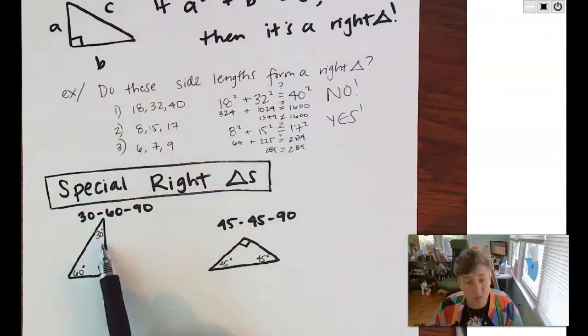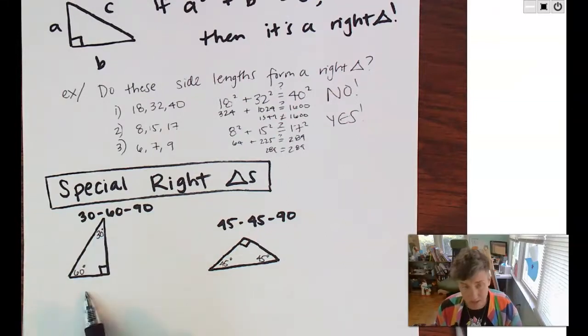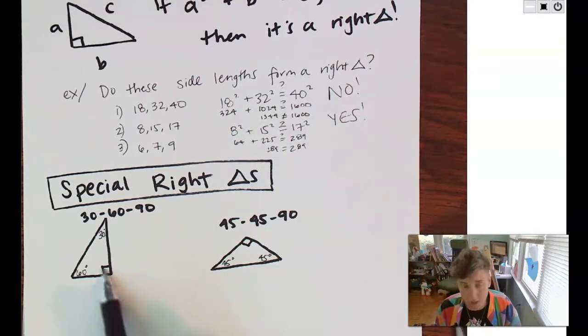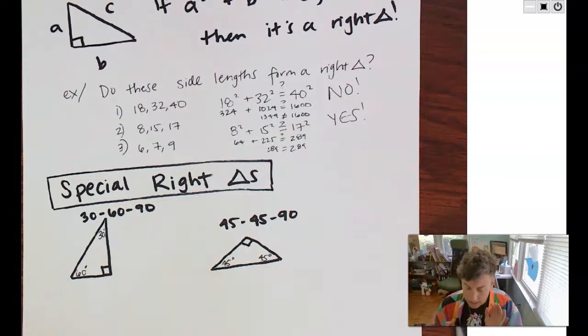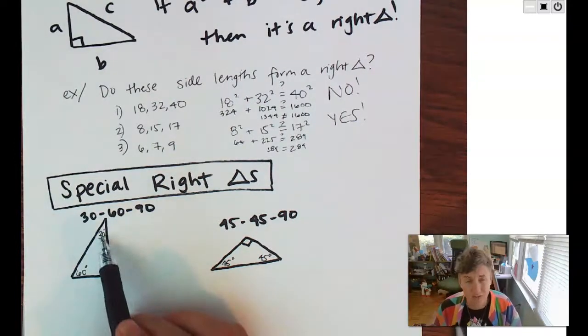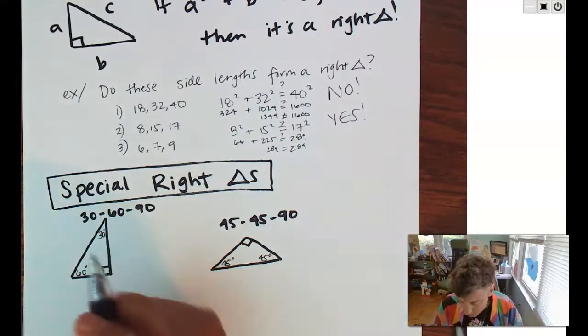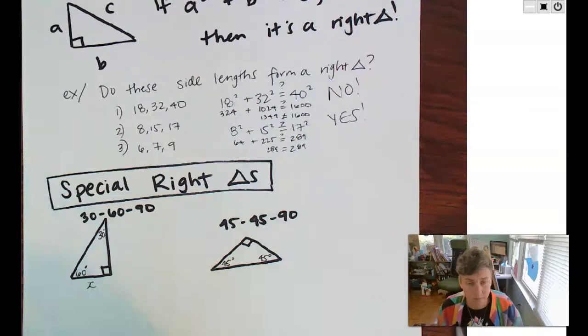Always, the smallest angle will be across from the smallest side, and the largest angle will be across from the largest side. In a 30, 60, 90 triangle, the side across from the 30-degree angle, which is the smallest side, will be some number.